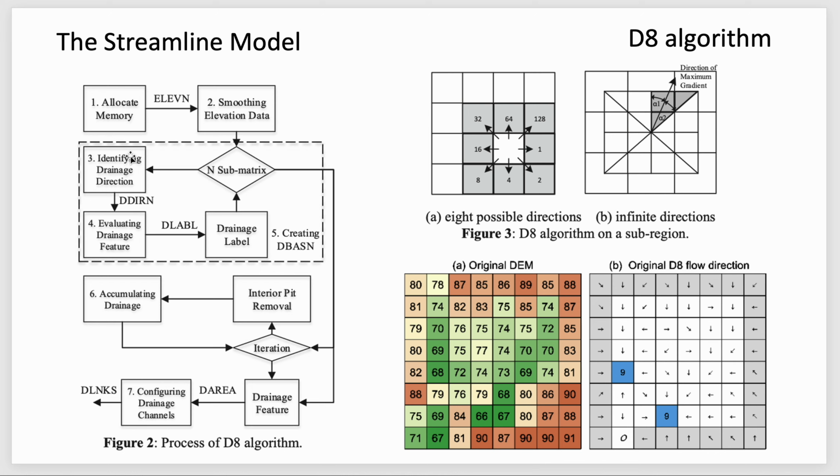As you can see in the example in the figure on the right, A and B, compared with the original DEM and flow direction, the arrow will show the direction of the water flow, because, in the surroundings of the pixel, the water will select the lowest elevation and flow in that direction.